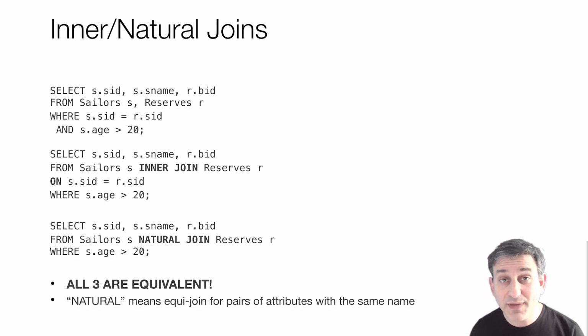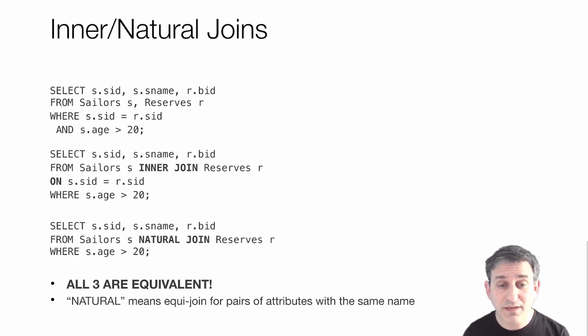Natural join is a special case of inner join where the on clause is automatically computed in the background as equalities on the matching column names. So you see in the second query, the column names match: s.sid equals r.sid. In the third query, we don't even bother saying them because the only column name in common between sailors and reserves is sid.